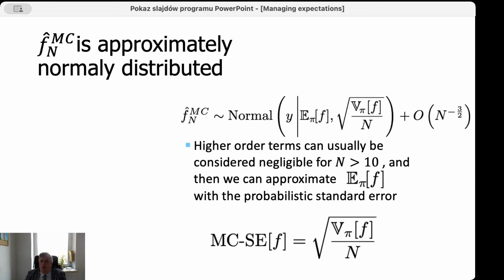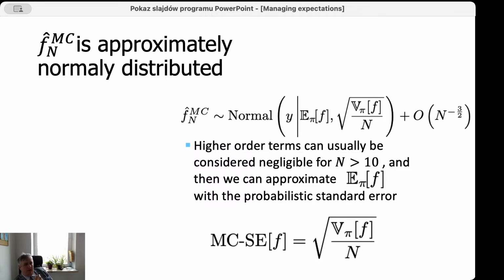This is a very good situation because generally the average of samples generated from one distribution that are independent from one another follows the central limit theorem. So the error of our Monte Carlo estimator is normally distributed.